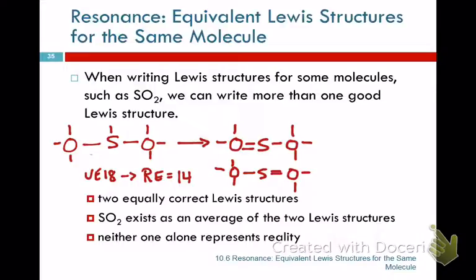So anytime you can get 2 equally correct Lewis structures or more, like they look equivalent to each other, these look like mirror images, they're actually known as resonance structures. Not renaissance, resonance. Resonance structures, and it turns out that if you measure these bond lengths, like remember we said a double bond is shorter than a single bond earlier? Yeah.